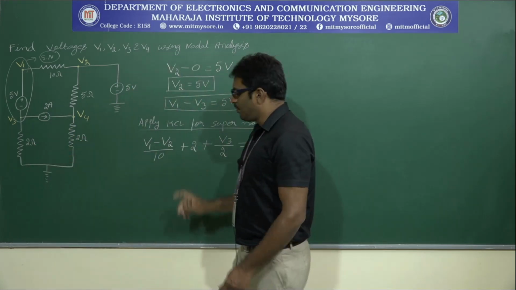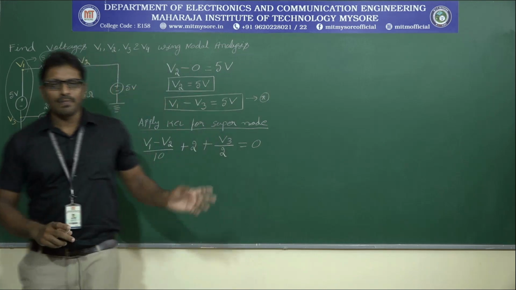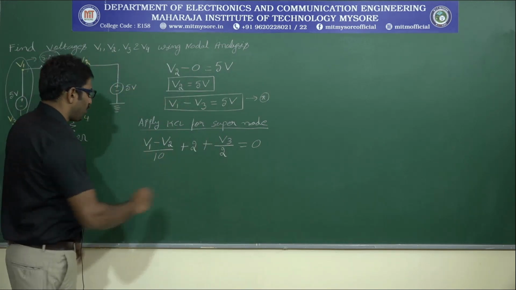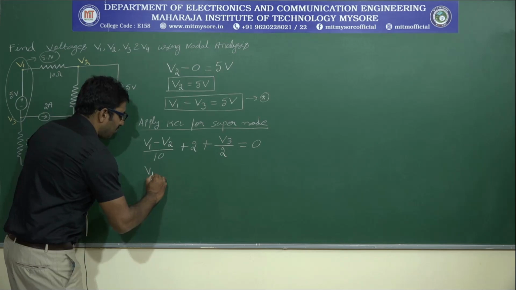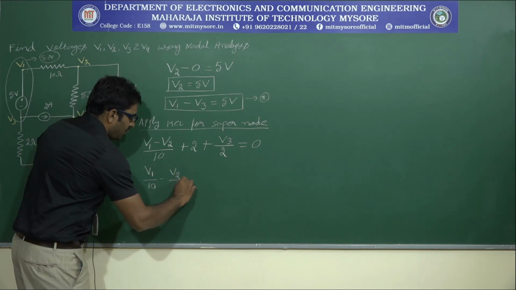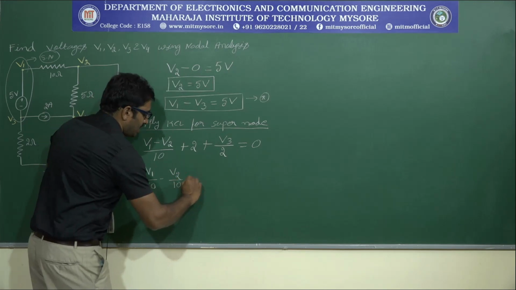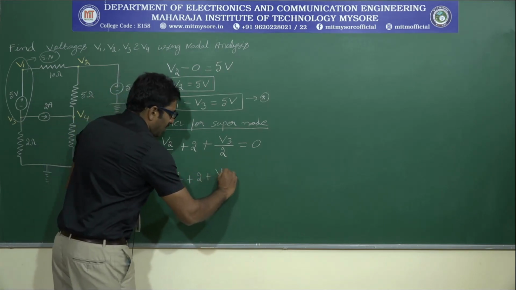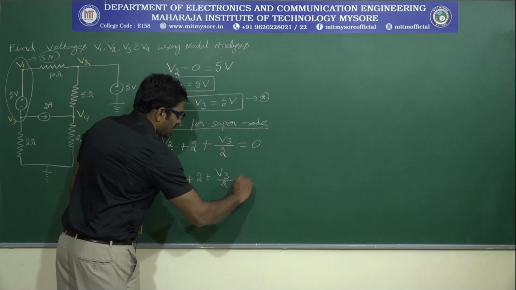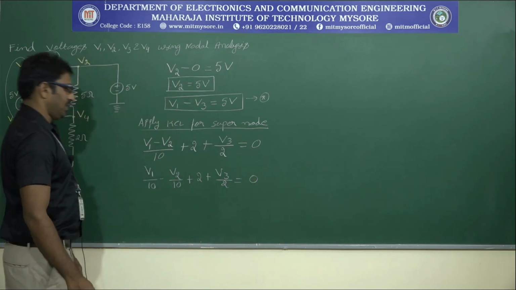Okay. Now just simplify this applied KCL equation for the supernode. How to simplify this equation? V1 by 10 minus V2 by 10 plus 2 plus V3 by 2, that is equal to 0.